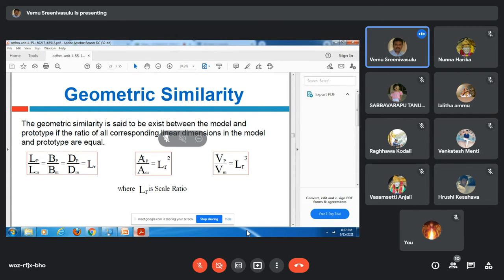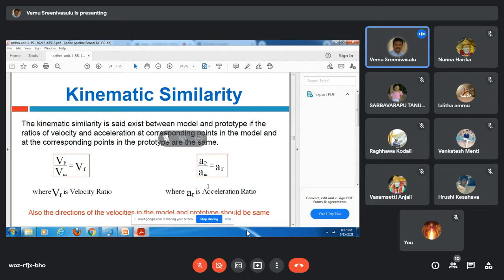Otherwise the area ratio or everything, the volume, right? And then kinematic similarity, as I said, velocity of prototype divided by velocity of model is equal to the velocity ratio, and these two should be the same. Similarly, AP by AM is equal to AR.